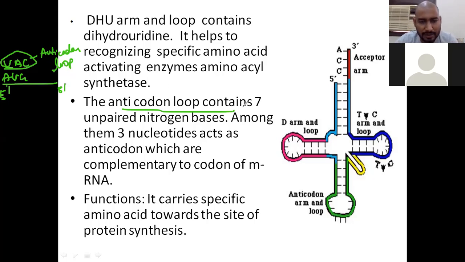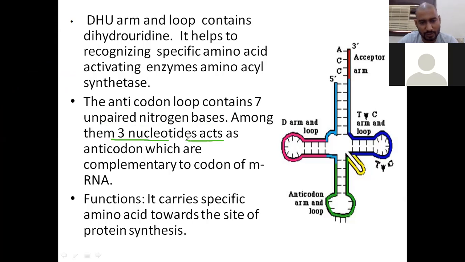Now, they have given that the anticodon loop contains 7 unpaired nitrogen bases: 1, 2, 3, 4, 5, 6, so in total 7 unpaired. Of these, 3 are directly involved, located towards the mRNA strand.